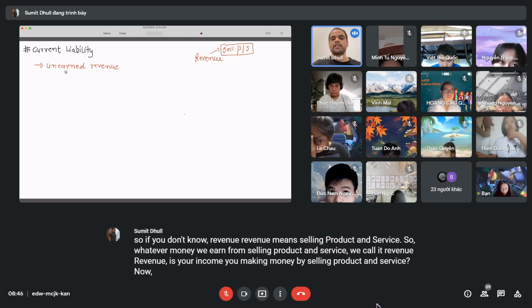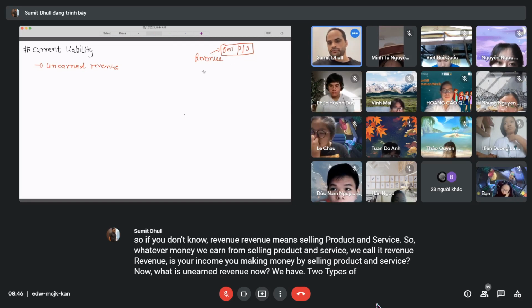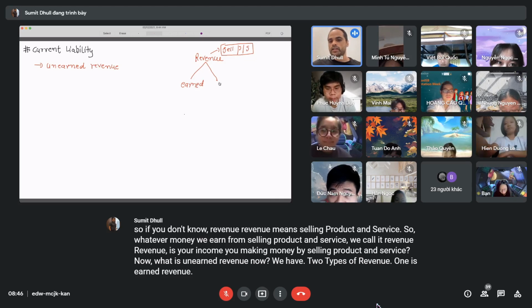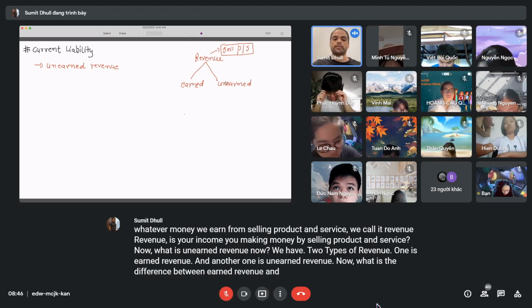Now, what is unearned revenue? We have two types of revenue. One is earned revenue, and another one is unearned revenue. What is the difference between earned revenue and unearned revenue?